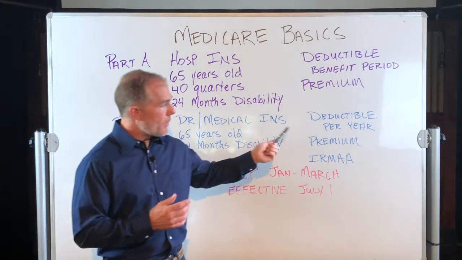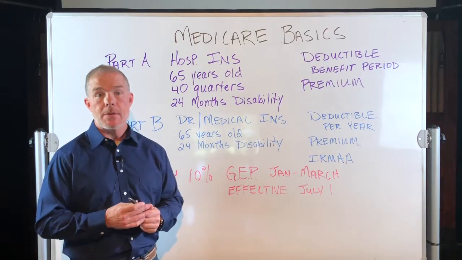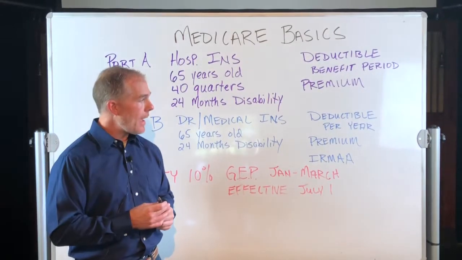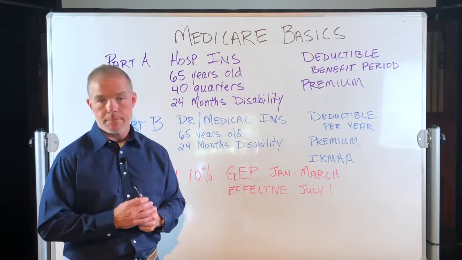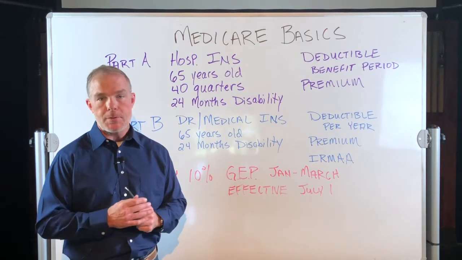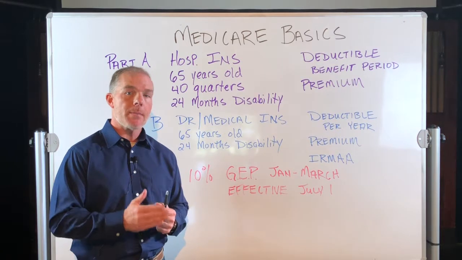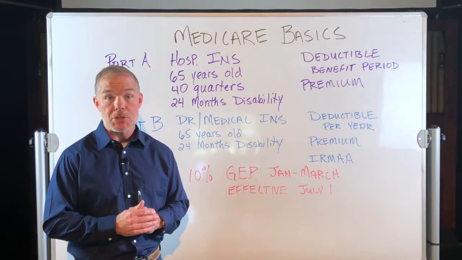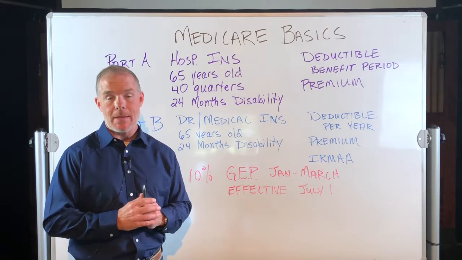There is a deductible for Part B, which you can also find the current amount on Medicare.gov's website, and that deductible is per year. It is not the same as Part A. The other thing you need to know is there is a premium for Part B. If you're on Social Security, that premium is going to be automatically taken out of your Social Security check. There's no other option, and that's the way it has to be paid.